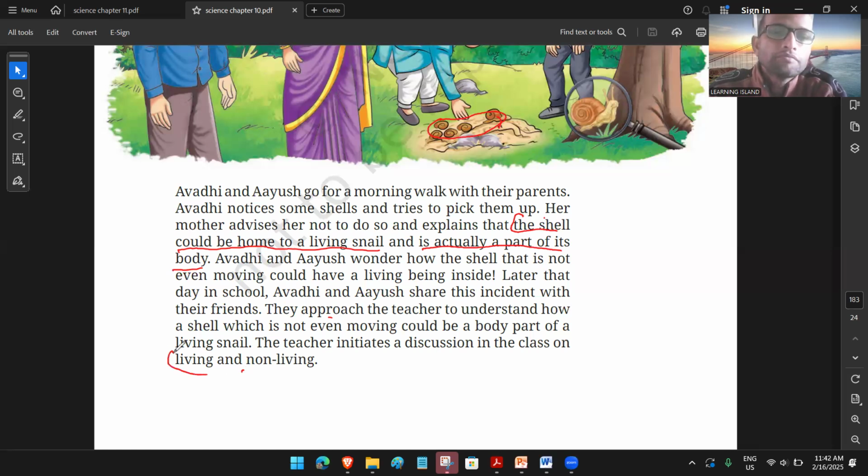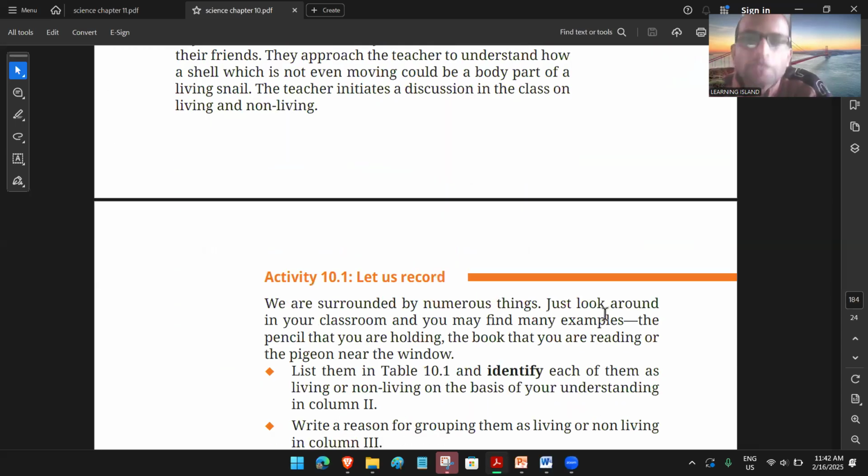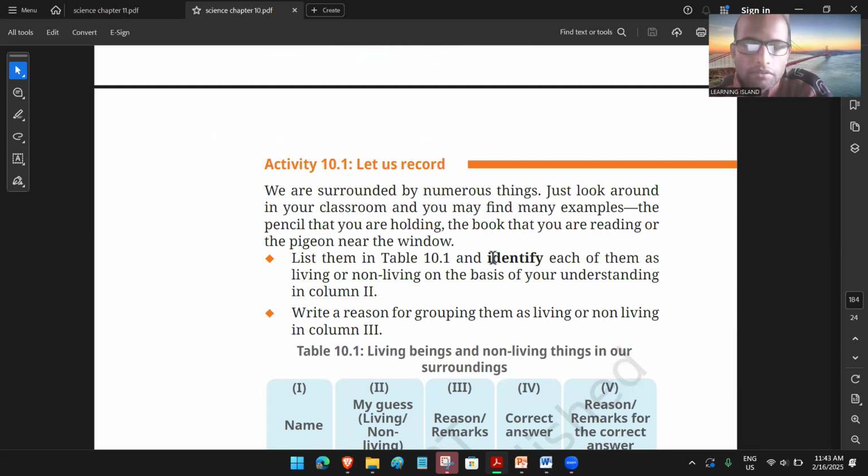So we will discuss living and non-living things around us. I'll go very slowly so that you can understand and be able to answer any questions that come in the exam. This is an activity: look around in your classroom and you may find many examples, like the pencil that you are holding or the book that you are reading. Name them as living or non-living.